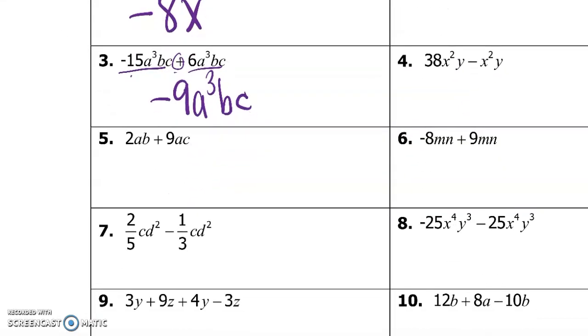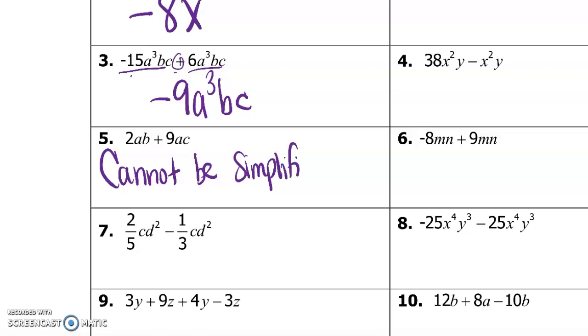Number 5 cannot be simplified. These are not like terms. You have AB and you have AC, so you cannot put those two things together. So you leave it like that. All right, number 7.